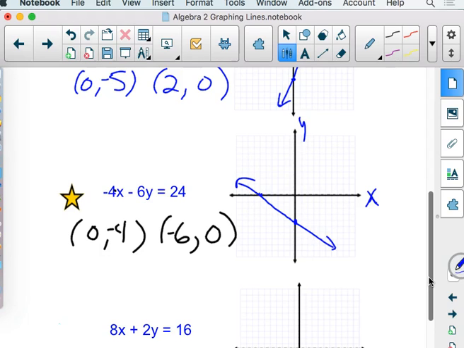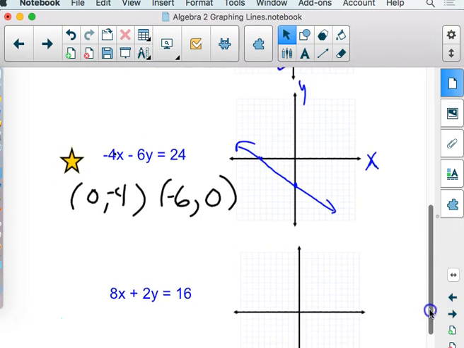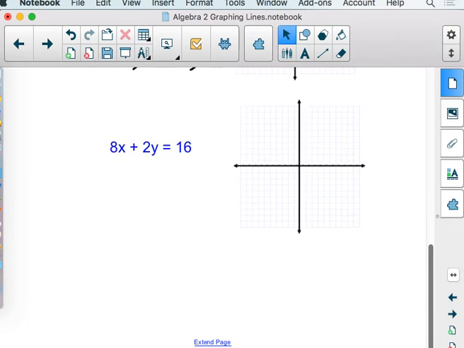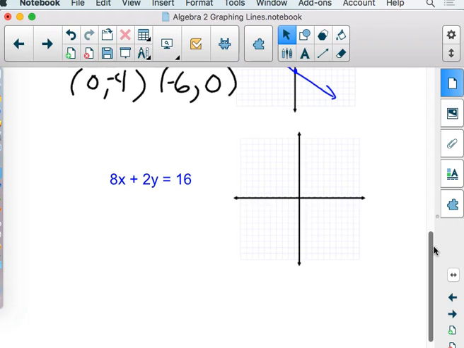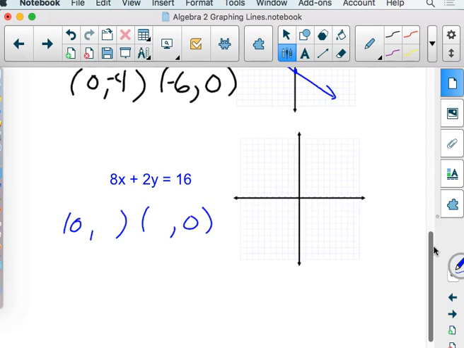All right. So next one, we're going to do this one with y equals mx plus b, or are we going to stick with standard form? Sure. I mean, 8 and 2 are nice numbers for 16, right? Okay, so covering up the x's, 2 times something, 16. What's the something? 8. 0 in the y's, cover it up. 8 times something is 16.